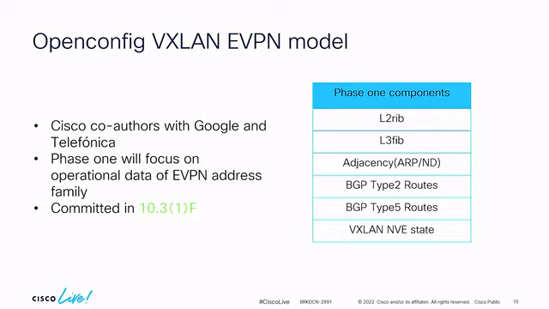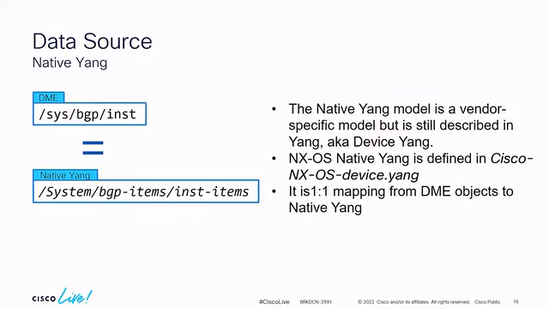Cisco did co-author the OpenConfig VXLAN EVPN model with Google and Telefonica, and we're going to support it on Cisco NX-OS in the next release, 10.3.1. This is the first component that we're going to focus on in the first release. I don't want to jinx it, but I hope Cisco is going to be the first vendor in the industry to support this model.